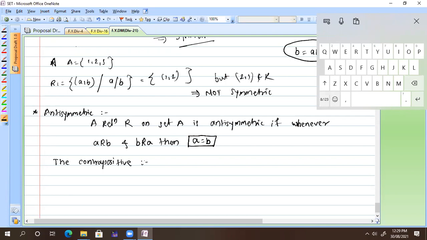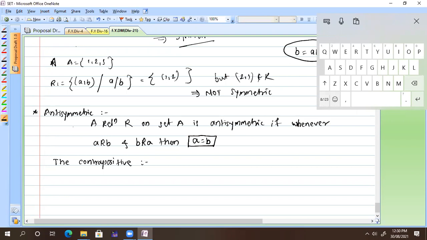Contrapositive means you apply negation on both sides. For example, negating A implies B gives negation of B implies negation of A.